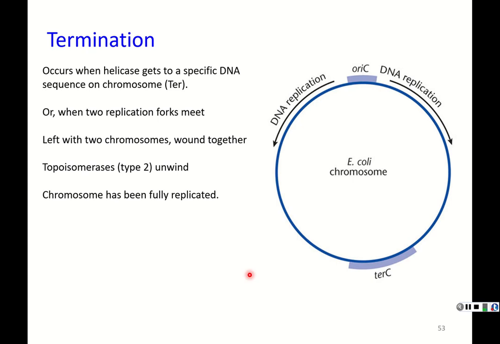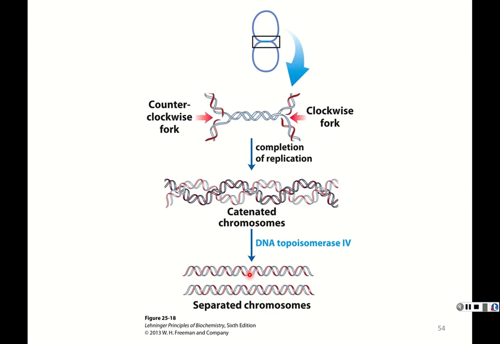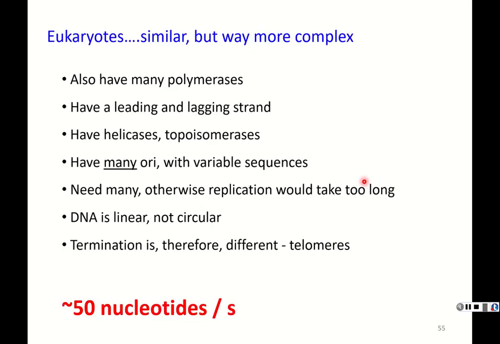Okay, and when this happens, your chromosome has been fully replicated. And this is just our example of what happens when you reach your end of replication. When the two forks meet, your two newly synthesized chromosomes are interwound together, and that's where you need that topoisomerase to separate them.